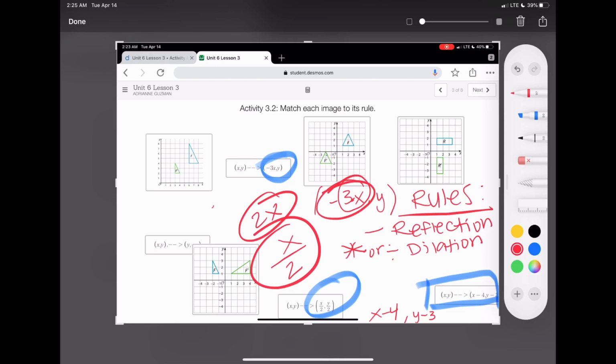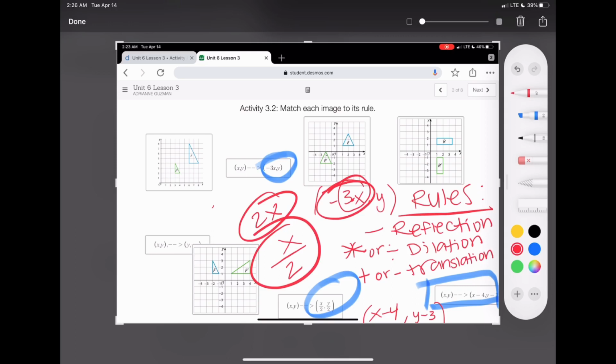But when there's adding or subtraction going on here, that means that your x or y points are moving to the left 4, to the right 4, down 3, up 3. It just depends. But what kind of transformation is that? Well, that's a translation. So plus or minus, addition or subtraction, will mean a translation is happening.